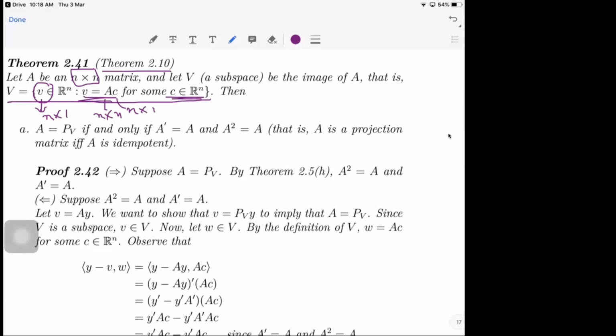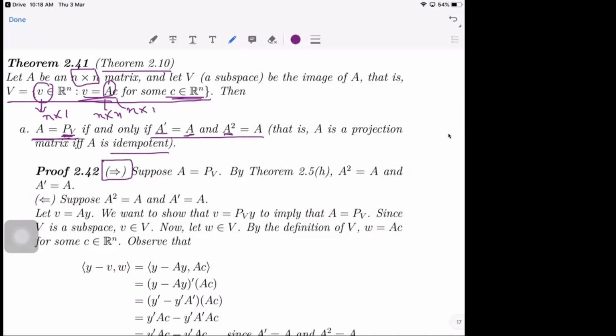So in particular, if this A is the projection according to this theorem, this equality is true only if your A is idempotent. An idempotent matrix is when its transpose is equal to the original matrix and its square is also equal to the original matrix.